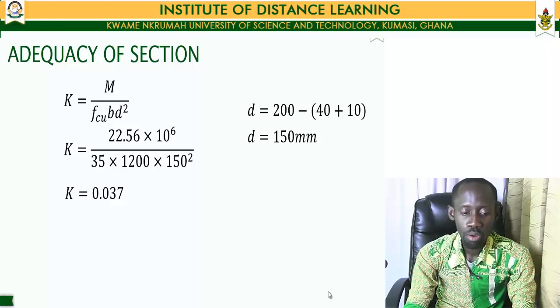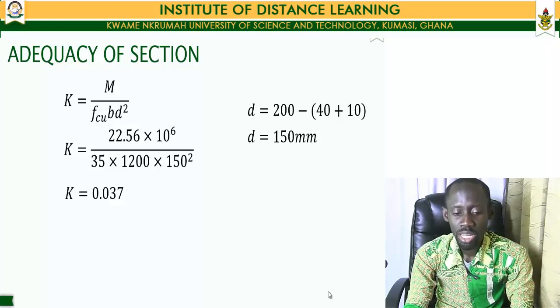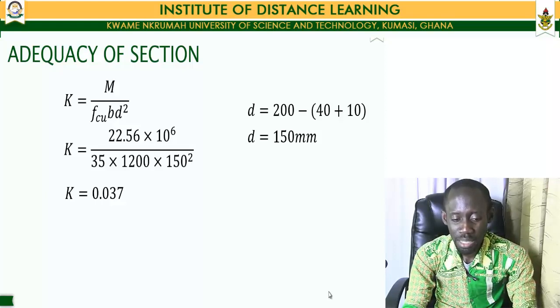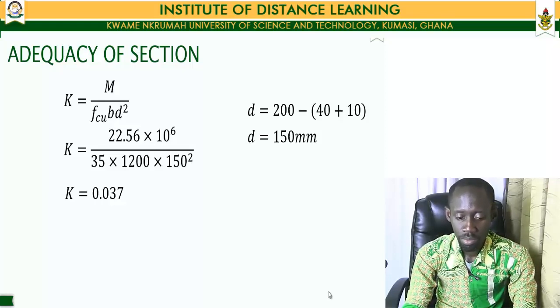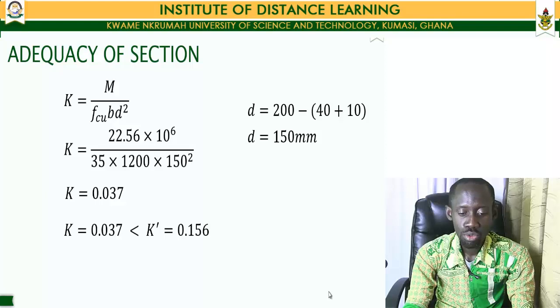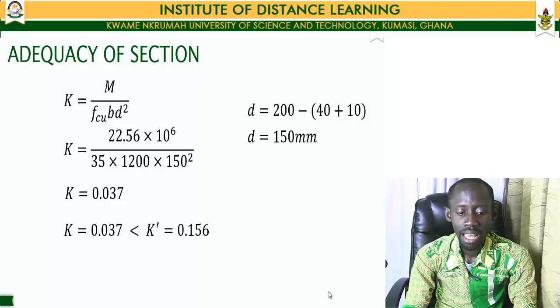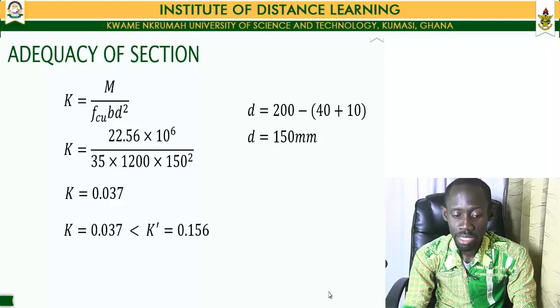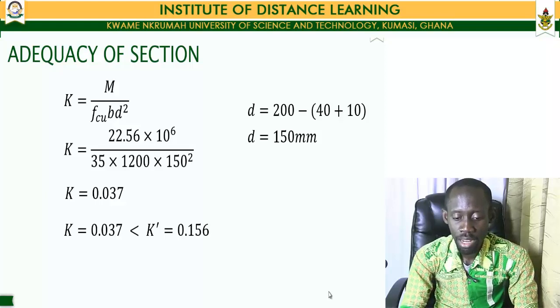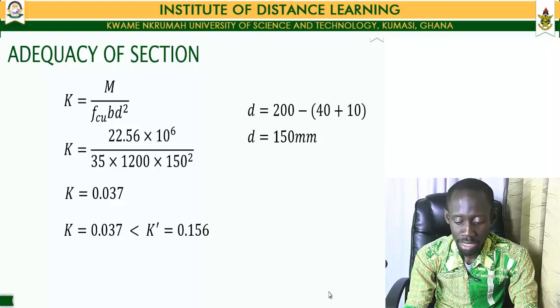We'll now move ahead and compare this K value to our K prime value, which is the K value we would get assuming our section is at its maximum moment point. Comparing our K to our K prime value, we realize that our K value, which is 0.037, is less than our K prime value, which is 0.156.